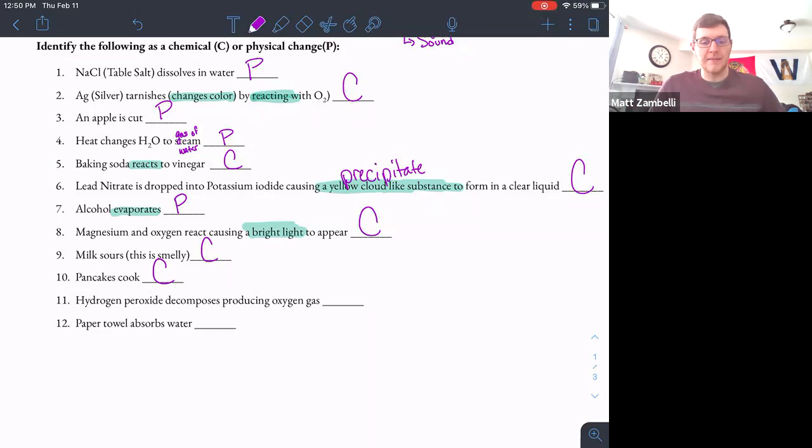Hydrogen peroxide decomposes and produces oxygen gas. So it decomposes or breaks down. Hydrogen peroxide might be the thing you might pour on cuts to clean them. Physical or chemical?